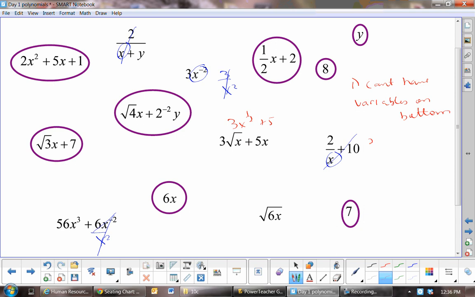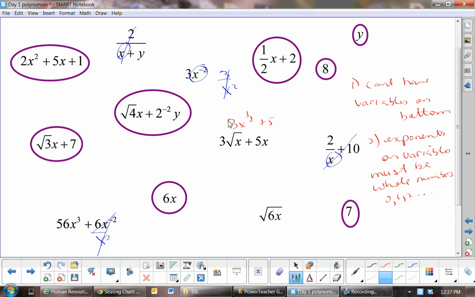And number two, the exponents on variables must be whole numbers. 0, 1, 2, dot, dot, dot.